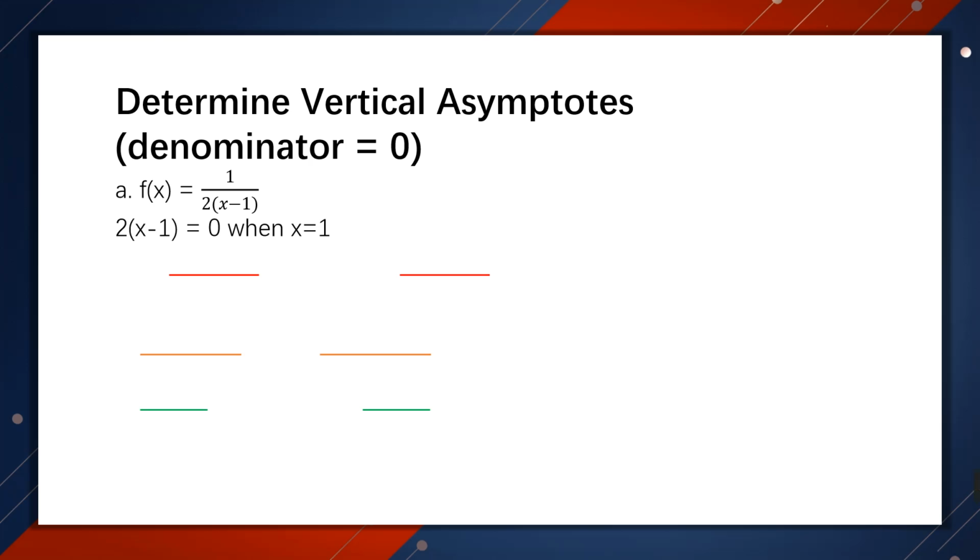When 2 times x minus 1 equals 0, we know that x equals 1. So the denominator is 0, and when the denominator is 0, we know there is a vertical asymptote. So the vertical asymptote is at x equals 1.